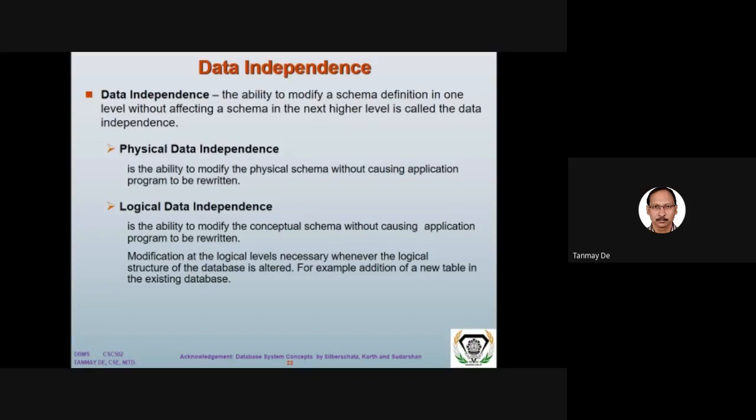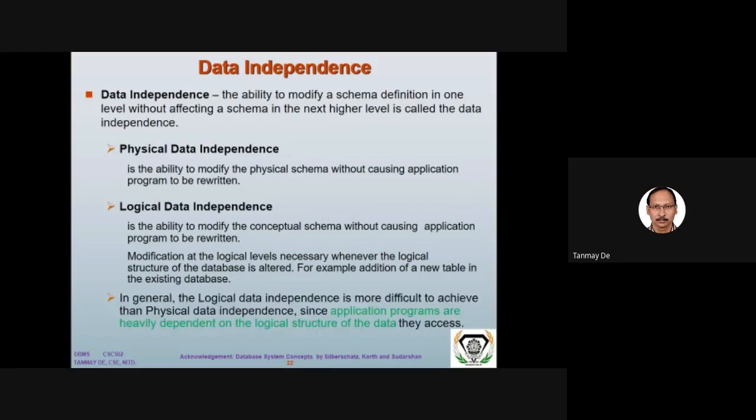For example, if we want to add a new table in the existing database, depending on the need, because we want to store some new kind of information, that changes the conceptual schema because the earlier tables now include the new table. But when we add the new table, the existing application programs need not be changed. Okay.